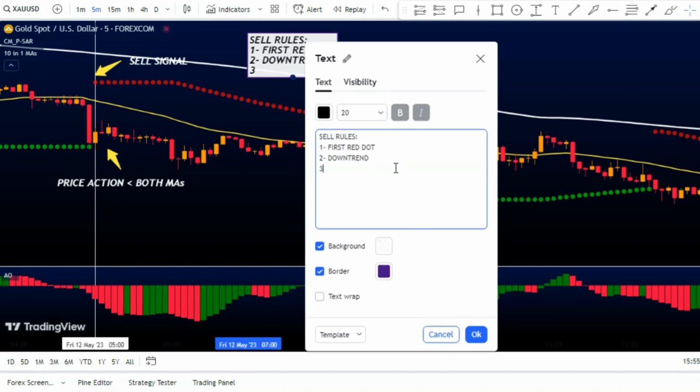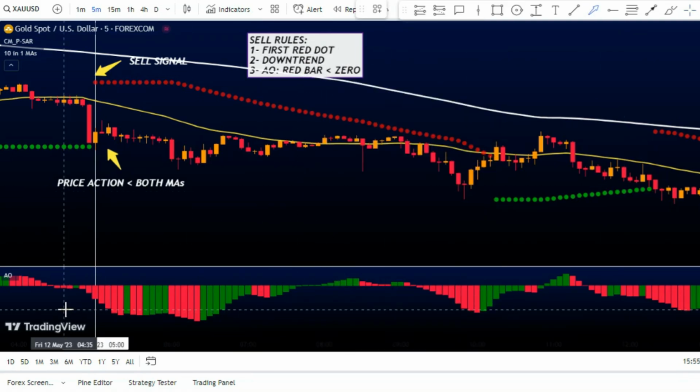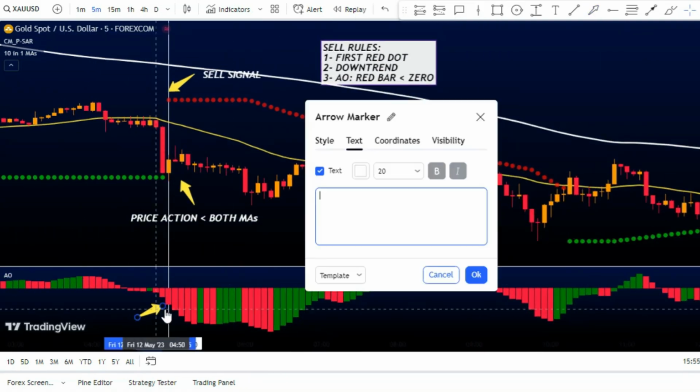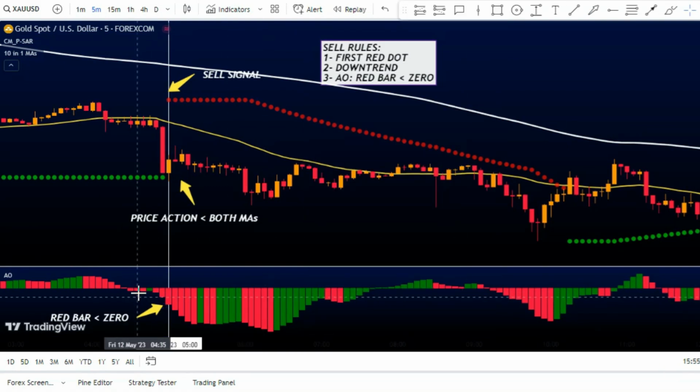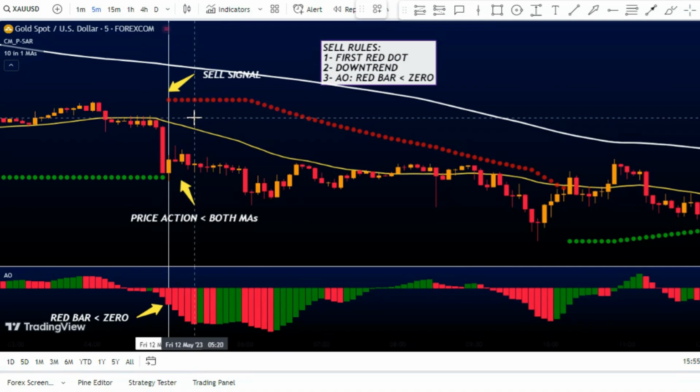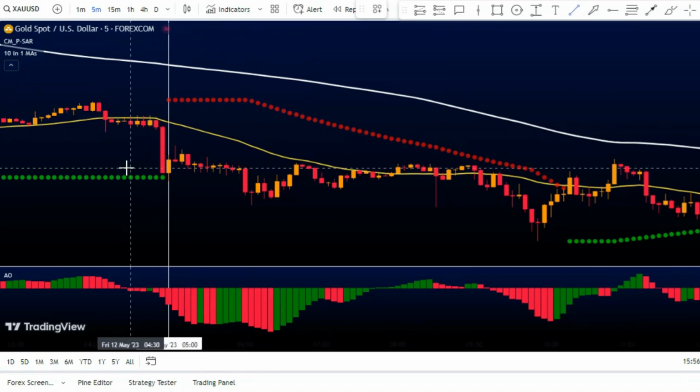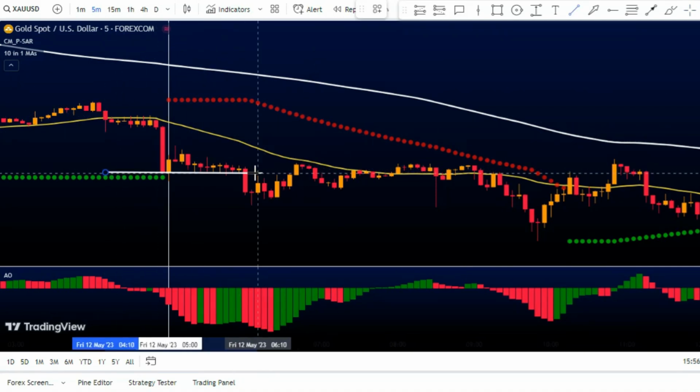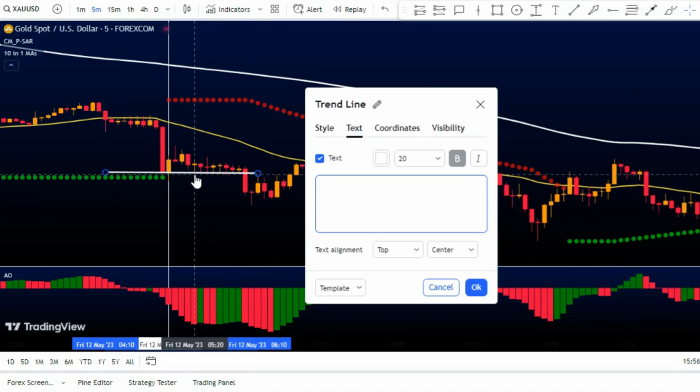We gotta also check that the histogram for Awesome Oscillator is red and below 0. So once all these conditions are met, we can enter a sell trade at the close price of the signal candle.